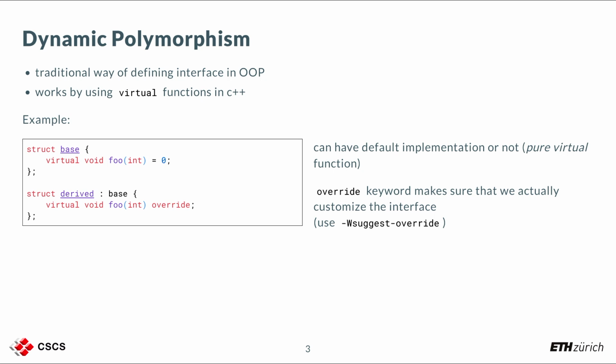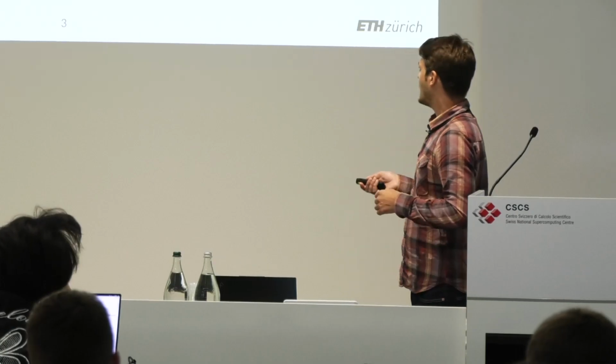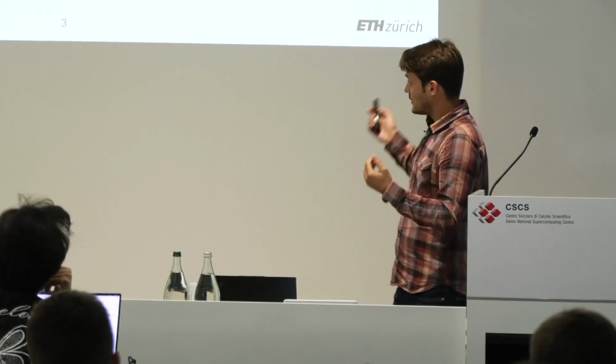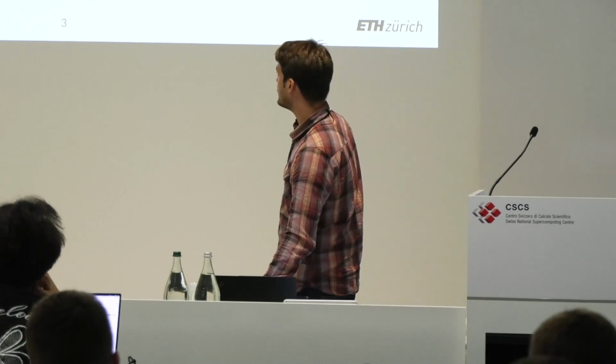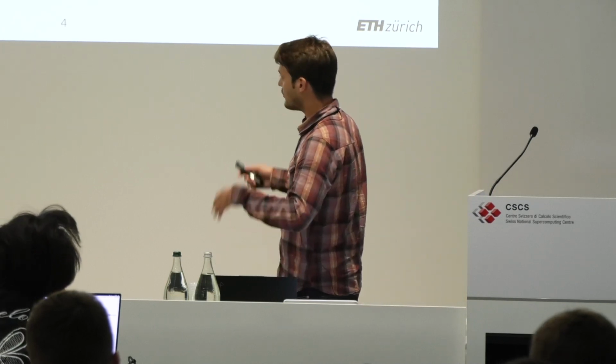And in C++, we use virtual functions for this. So there's the virtual keyword here, and it's also good practice to use the override keyword so that the compiler gives an error if you override something which doesn't exist in the base, right? And yeah, so let's see how we're doing in terms of our wish list.